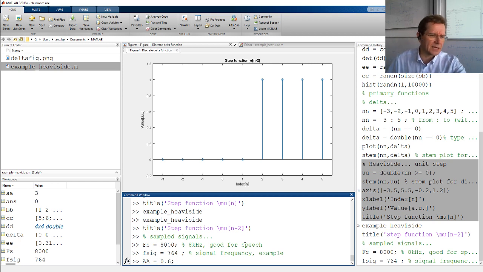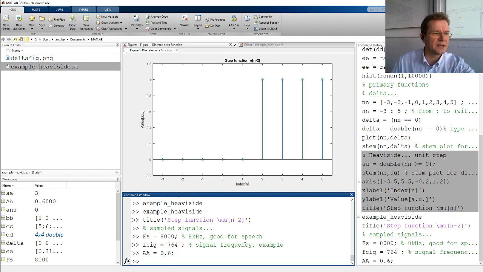By the way, in MATLAB, these variables, everything is case sensitive. I had this lowercase a. If you put the capital A, it's a different variable, the same as in C. All right, so 0.6 was the amplitude.